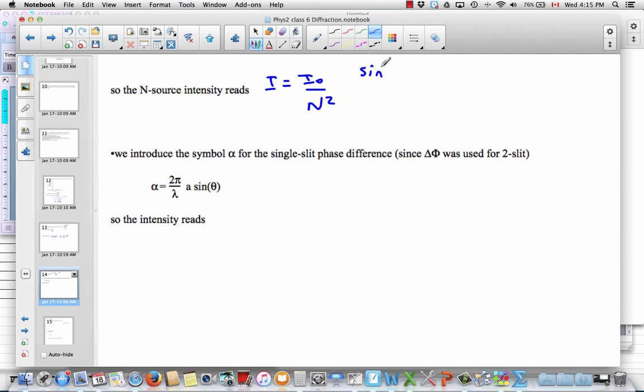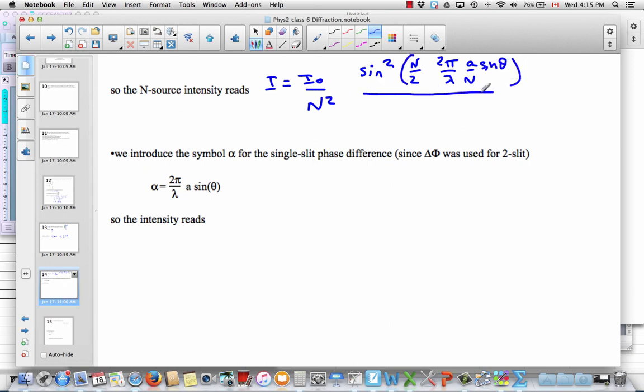And so we'll have sine squared, and then it was n over 2 times the phase difference. So we substitute in the relationship that we just presented there, 2 pi over lambda a over n sine theta.